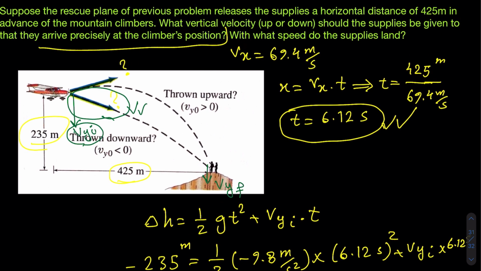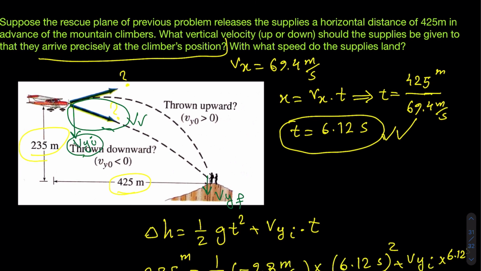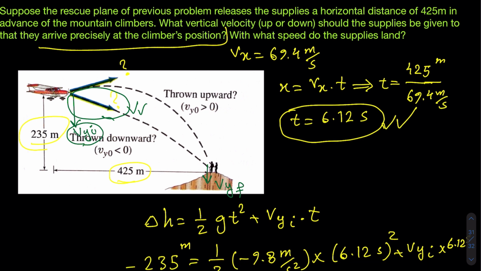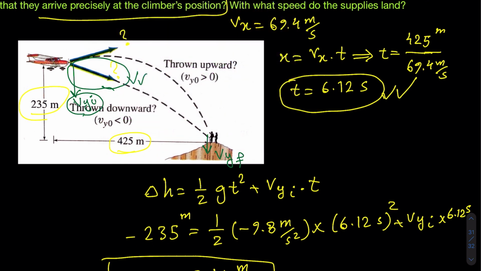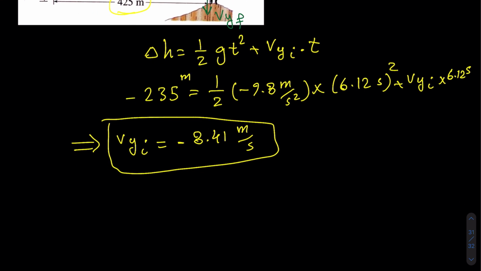And here the question is asking, with what speed do the supplies land? That means, what is the final velocity here, v? What is v? And we know v will land with an angle to the horizontal, right? So the second part, we are supposed to find the v.